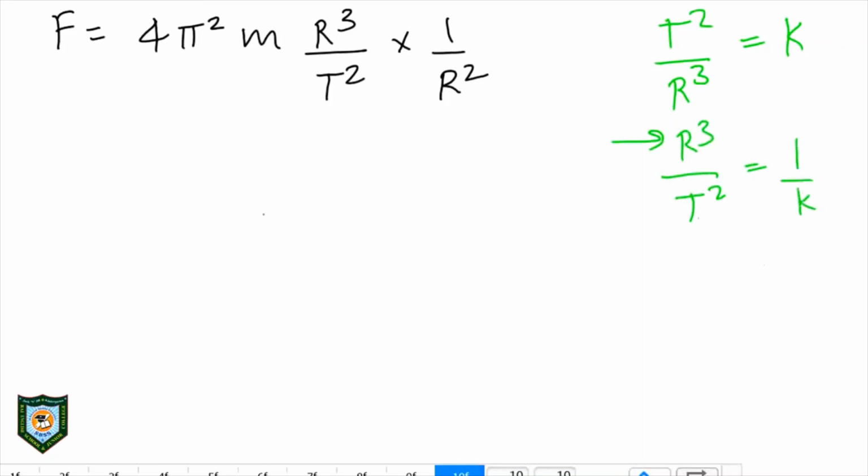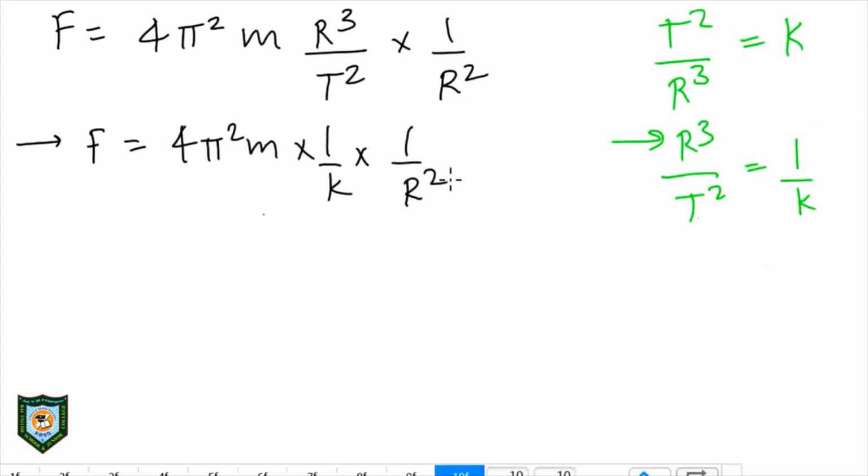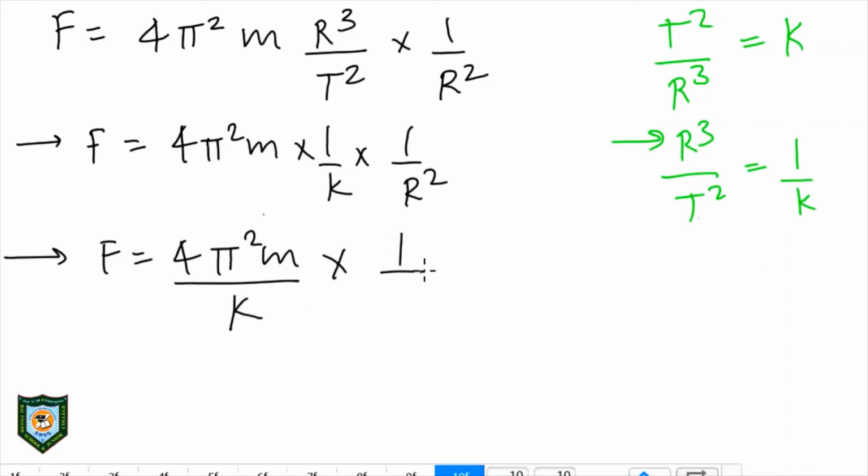So now we are going to replace this in our equation. We get F is equal to 4 pi square m into 1 by k into 1 by r square. So this gives us F is equal to 4 pi square m divided by k into 1 by r square.